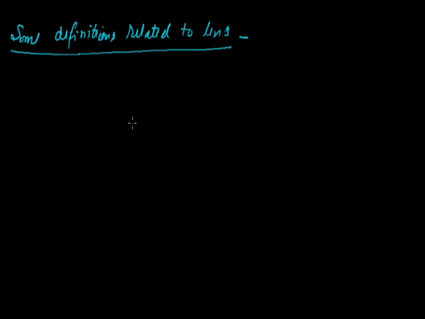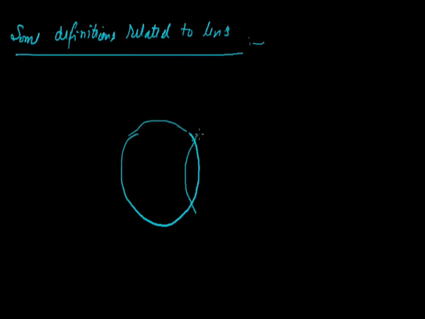Convex lens is made up of two solid transparent spheres in such a way. First sphere is this one, and second sphere is this. This shaded portion is known as convex lens.